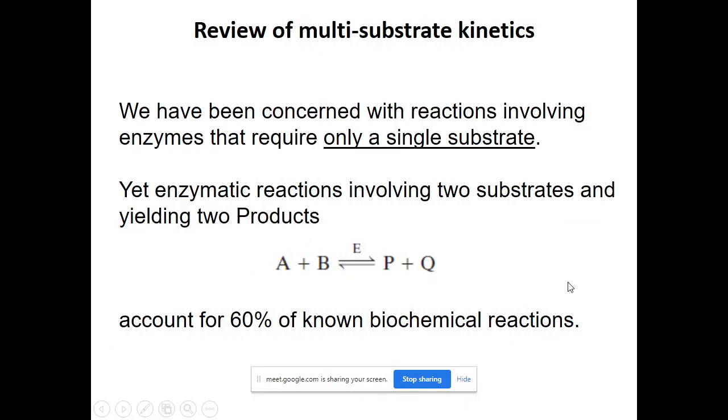To refresh your memory, when we derived the equation, we began with an understanding of how invertase works upon sucrose, right? So when invertase works upon sucrose, there is one single substrate involved.